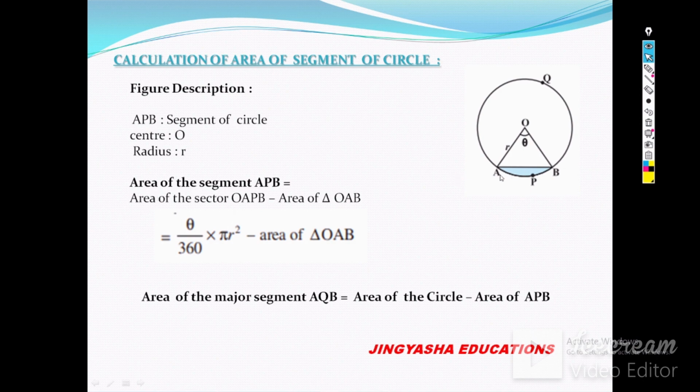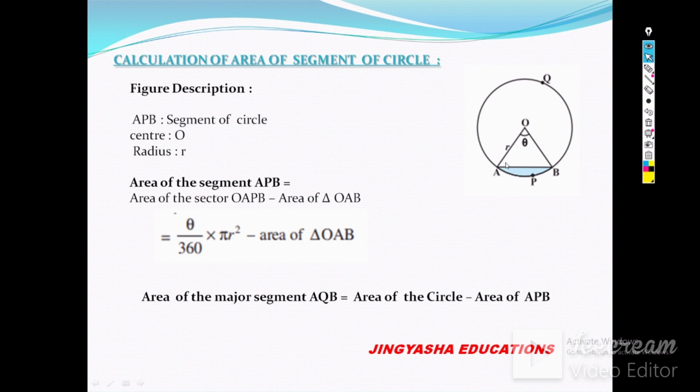So see, here you can see AB and P. This is a segment. To calculate this, I will always draw a line connecting the center to A and again connecting the center to B. Then you can see OAB is drawn.